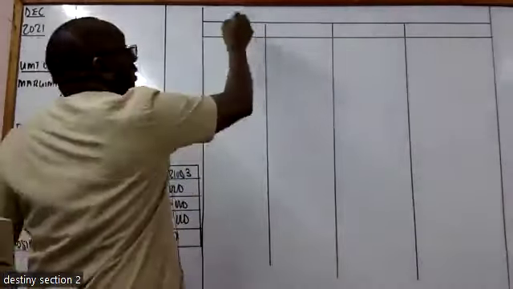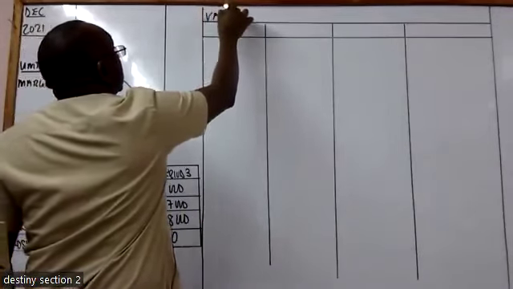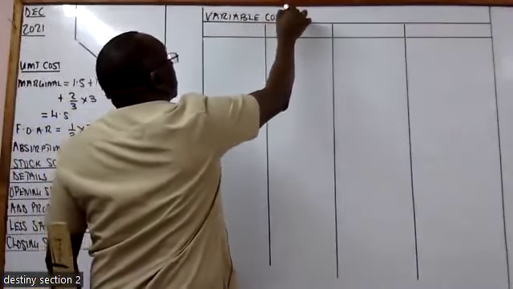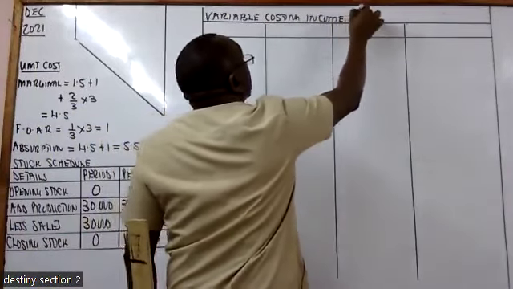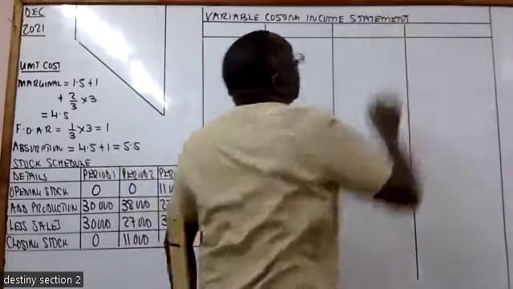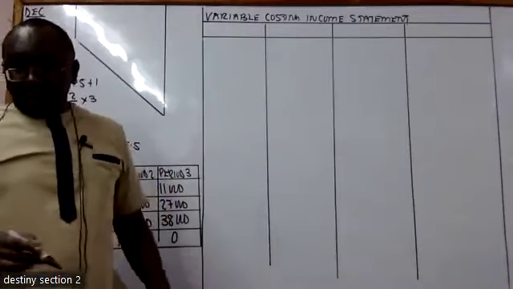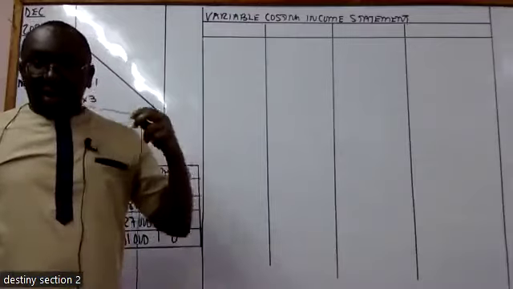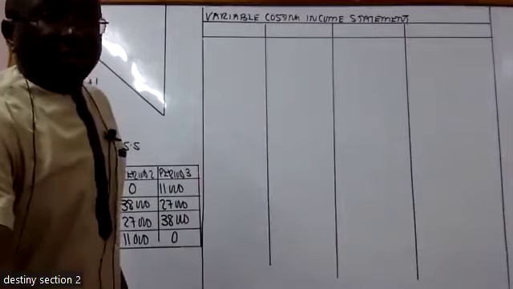We are drawing the variable costing income statement. You can also call it the contribution method, or direct.